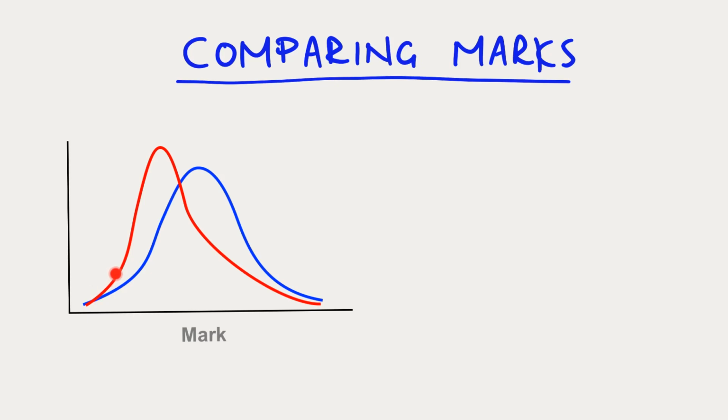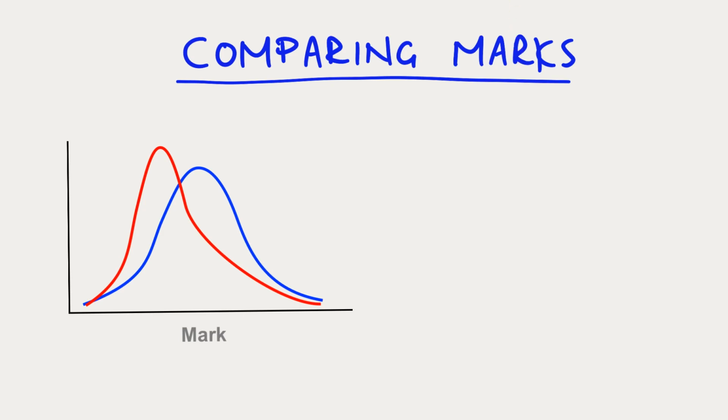A note on comparing marks. If we get, for example, a semester mark and an exam mark, you might not get the same average, and you might not get the same distribution. So in terms of comparing, it's more ideal to normalize the distributions so that they become the same.